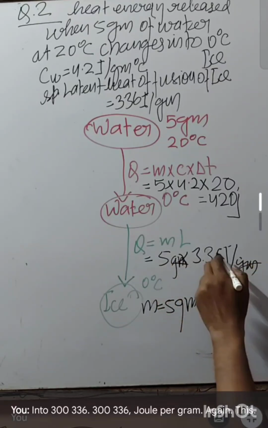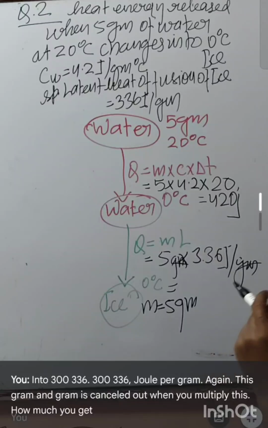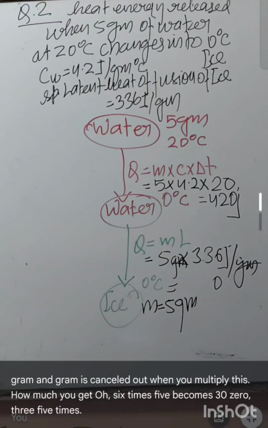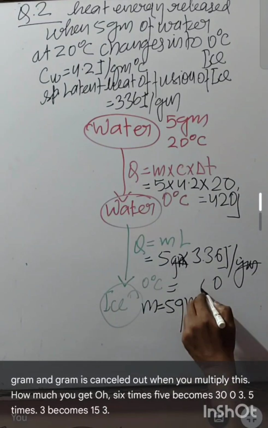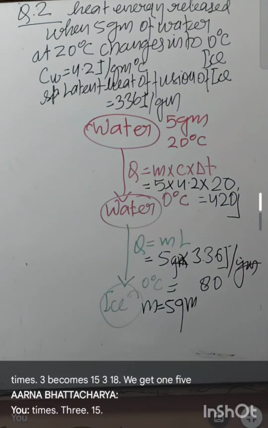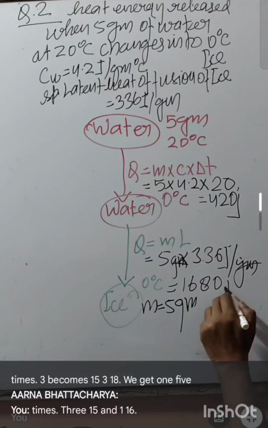This gram and gram is cancelled out. When you multiply this, how much you get? 6 times 5 becomes 30, 0, 3. 5 times 3 becomes 15, 3, 18. 5 times 3, 15, and 1, 16. 1680 joule.